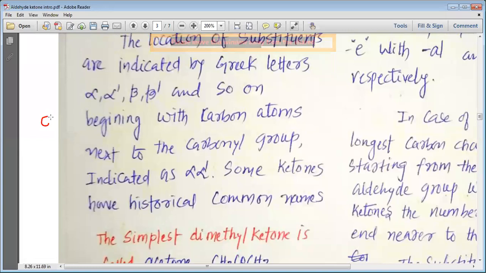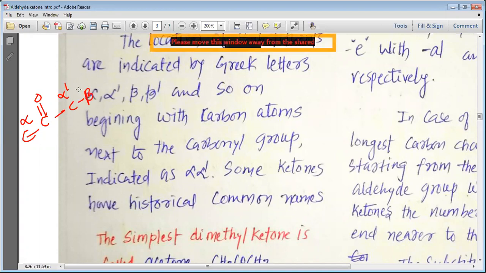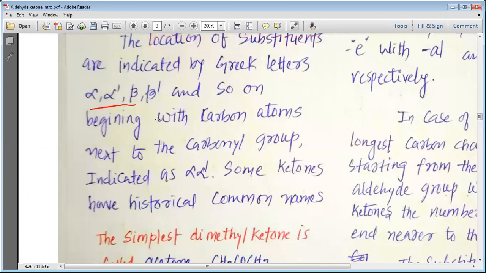So if we call this carbon alpha, we should call the one on the other side alpha dash. The next carbon should be called beta dash, and on this side, if we have carbon here, we call it beta. So both sides cannot be given the same, so we use alpha, alpha dash, beta, beta dash for the ketones, and so on.